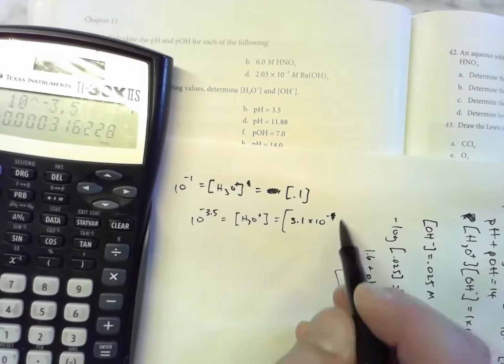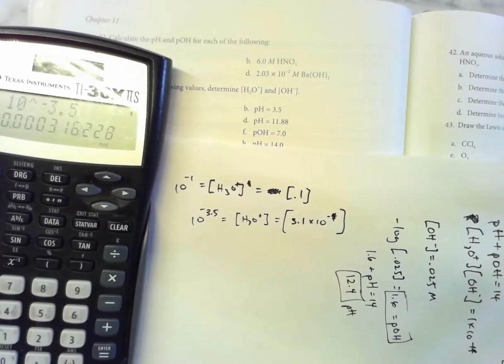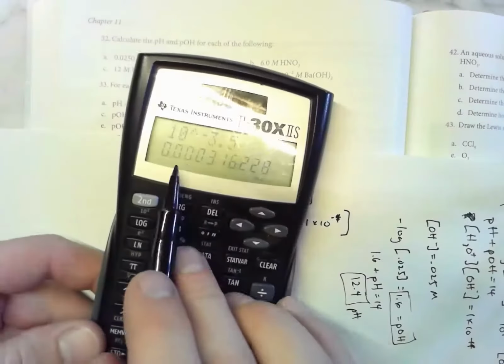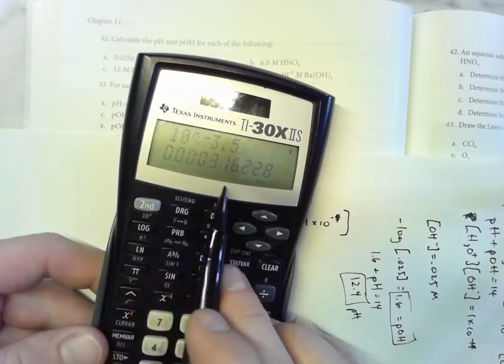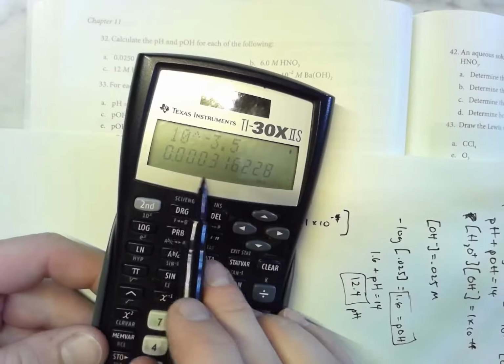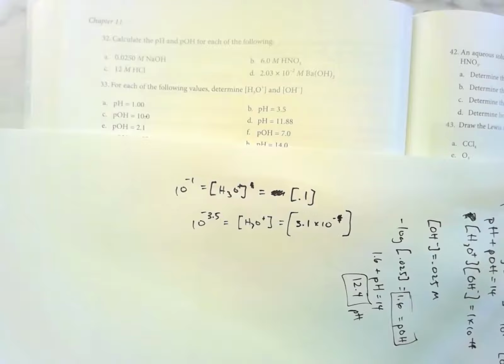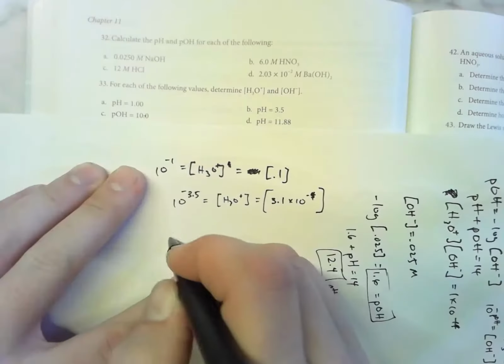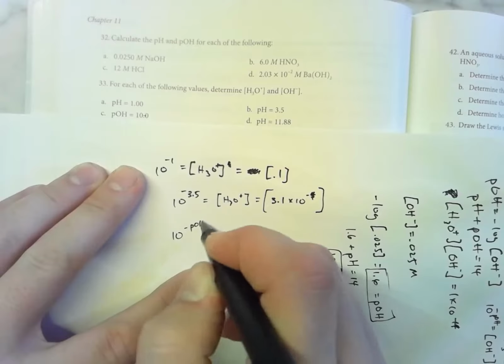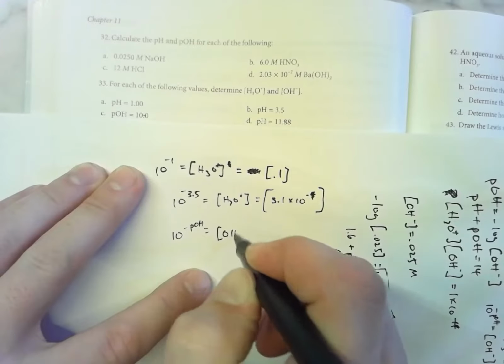Struggling here. Struggle bus. Literally, you're just putting that in your calculator right here. And then you're going 1, 2, 3, 4. That's in the negative fourth. All right. pOH, 10 to the negative pOH is what? Equal to this.